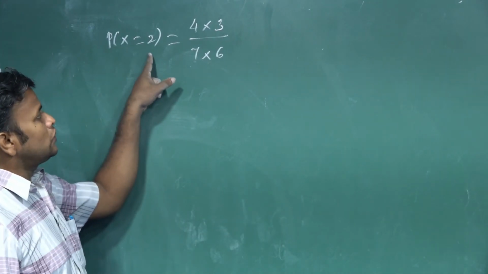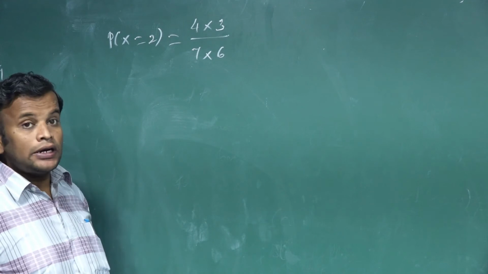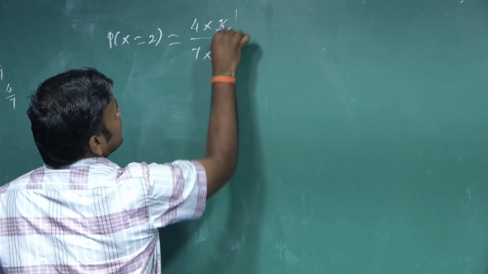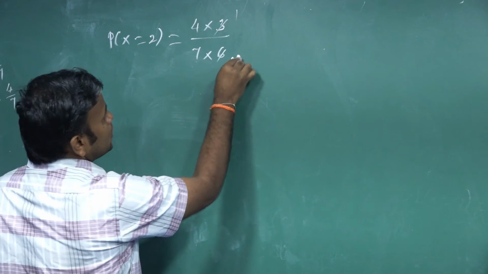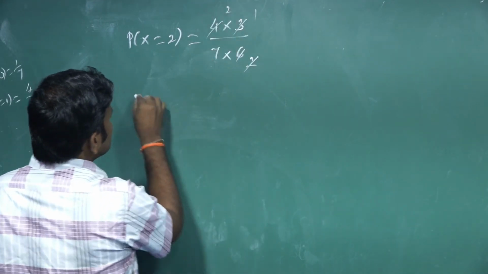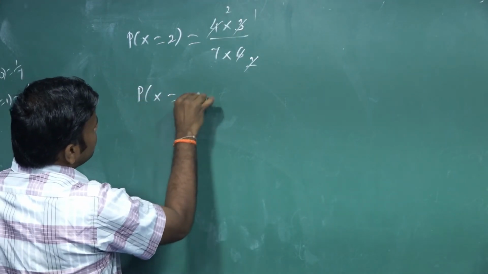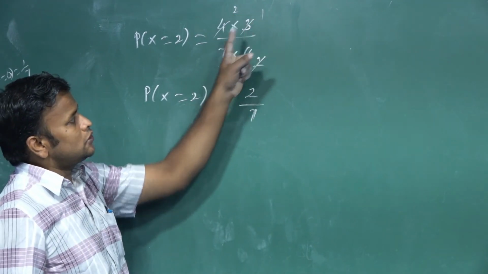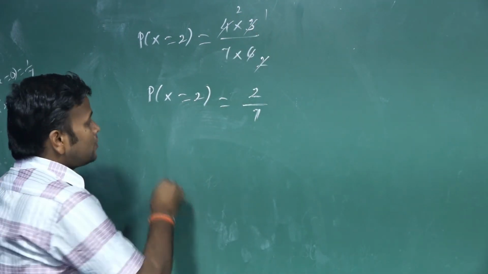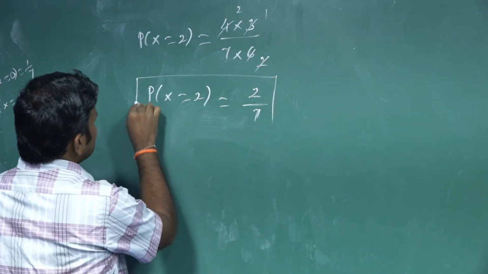So P of x is equal to 2 is 4 into 3 divided by 7 into 6. In the numerator table I cancel 1 time, 2 times, and in the denominator table also it is cancelled. So the value of the numerator is just 2, 2 ones are 2, by the denominator 7. So P of x is equal to 2 by 7.